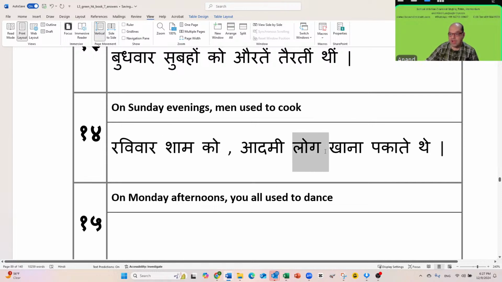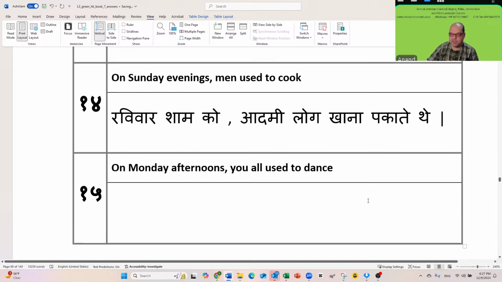You don't have to add लोग. आदमी लोग खाना पकाते थे. When you say आदमी लोग, it becomes absolutely plural because the plural of आदमी is also आदमी, singular and plural. So you can say लोग, but you can also avoid it. So go and copy that down, write it down, or make any changes if you did not get it right.